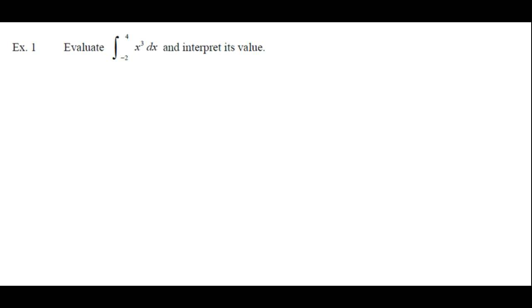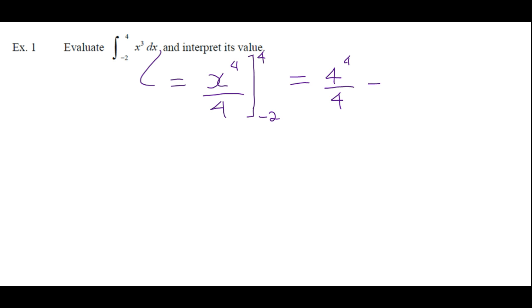And so this is equal to, so we just write equals, we take an antiderivative, which is x to the 4th over 4, which we are going to evaluate on the interval negative 2 to 4, which is equal to, so we start with the upper, so it's 4 to the 4th over 4 minus negative 2 quantity to the 4th over 4.